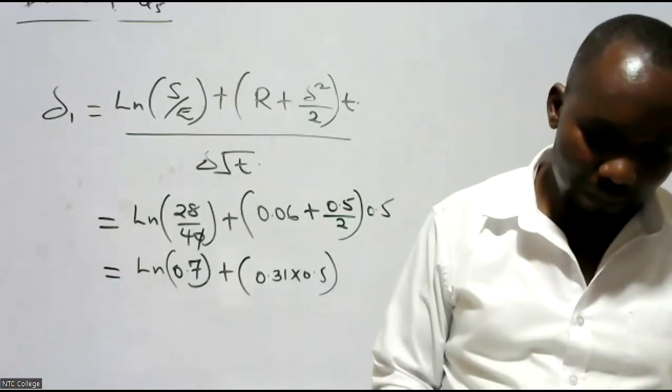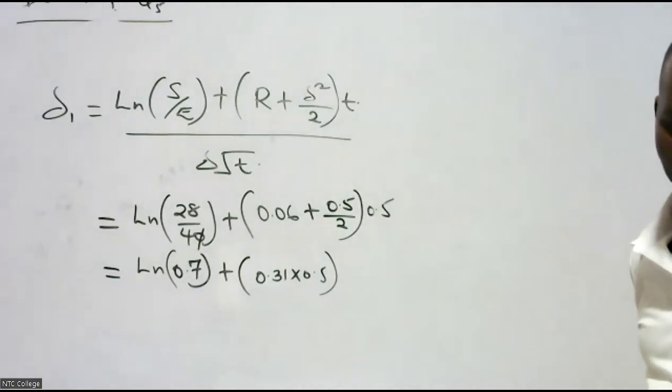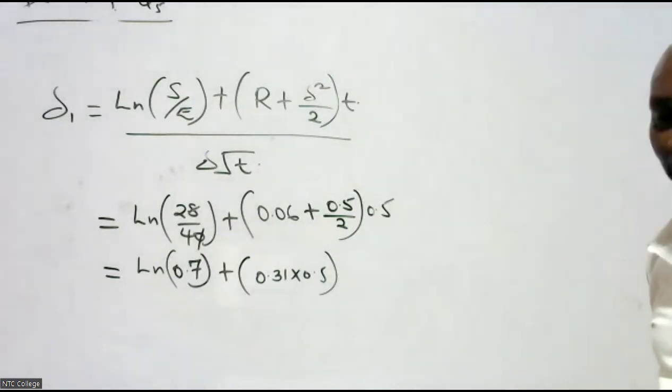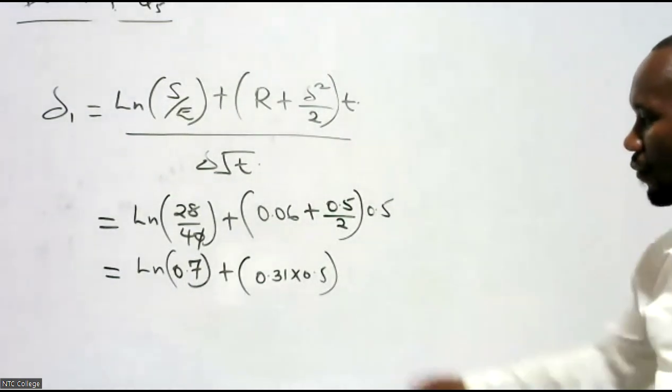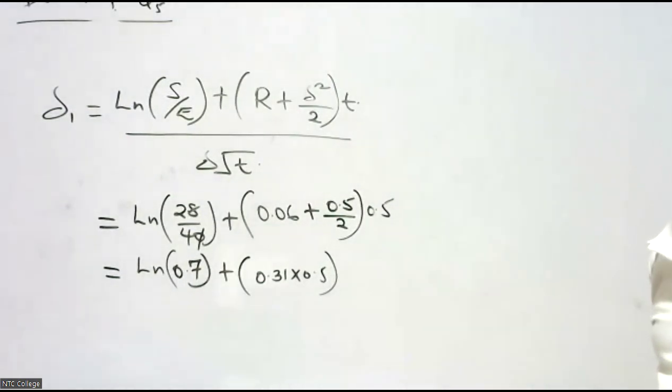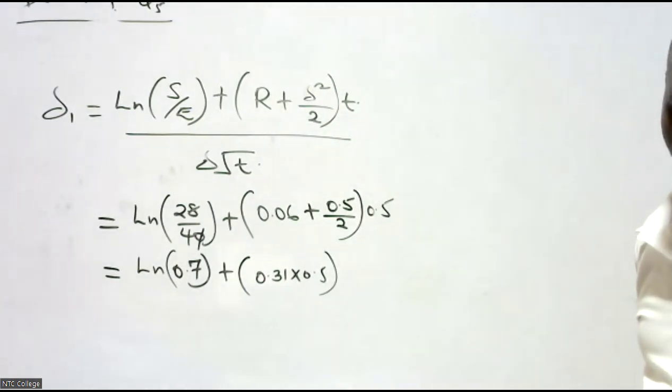Which figure? It will be ln 0.7 plus now what you're getting here. Natural logarithm of 0.7 is natural log.